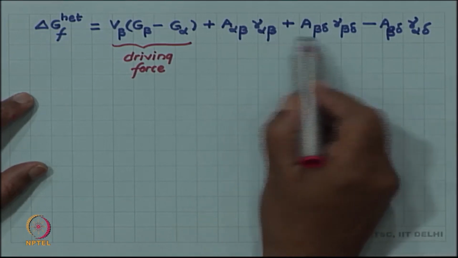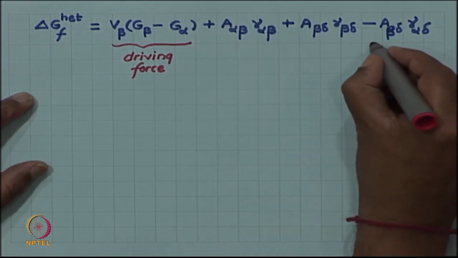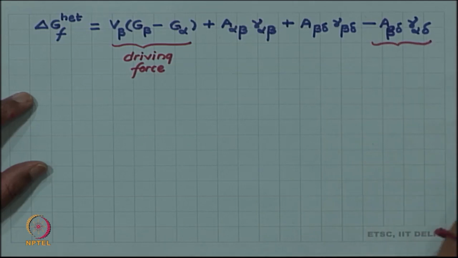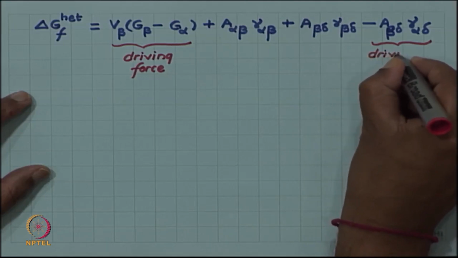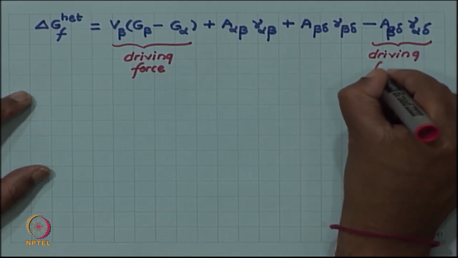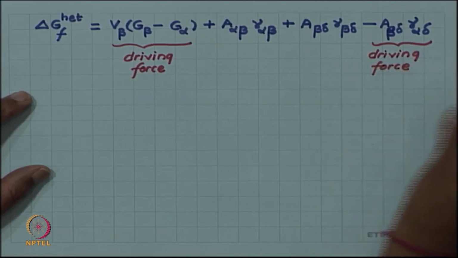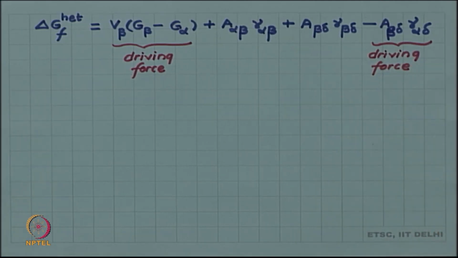Here also surface energy is a barrier to nucleation, but one surface term, since it is being removed, also acts like a driving force. So, there is an additional driving force in terms of surface energy, because nucleation is happening on a surface. That particular part of the surface is getting removed from the system.